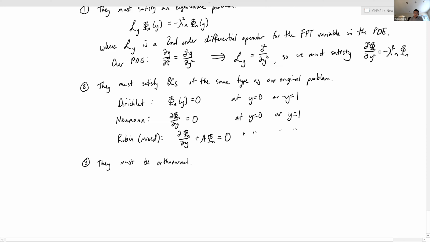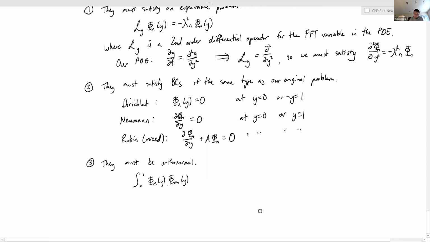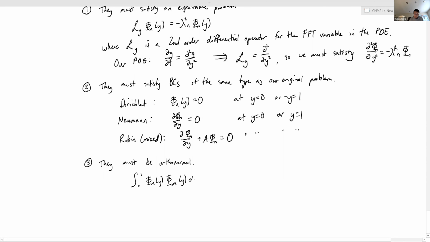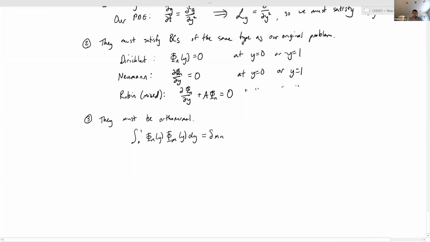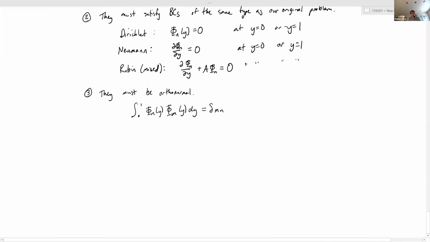In other words, just to remind you, orthonormal means this. When you multiply two of them and you integrate them, then you always get either 0 or 1, depending on whether those two basis functions are equal or not.